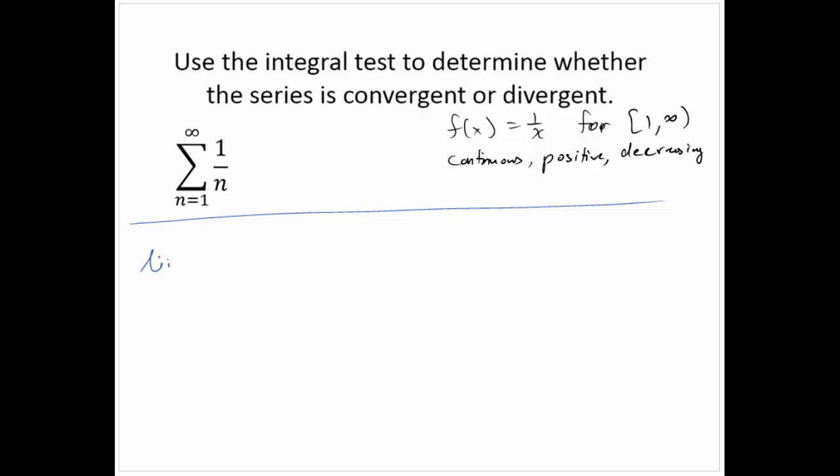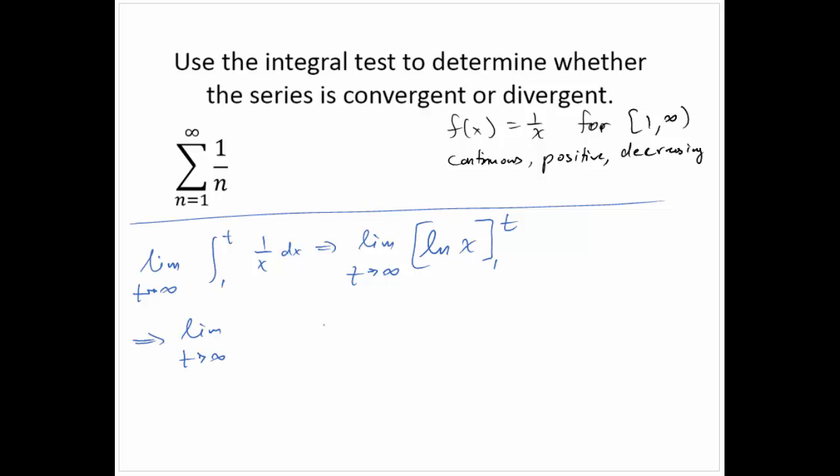So limit t approaching infinity of the integral from 1 to t of 1 over x dx. That would become the limit t approaching infinity of the natural log of x. I should put an absolute value there, but we won't worry about that here. From 1 to t. And so that would be the limit t approaching infinity of natural log t minus natural log 1.